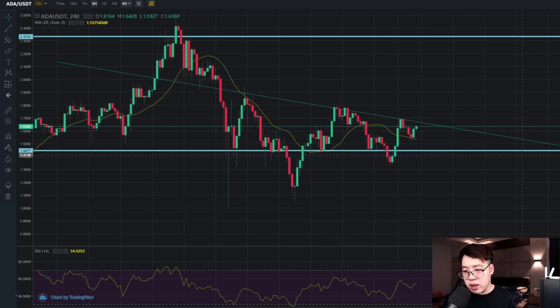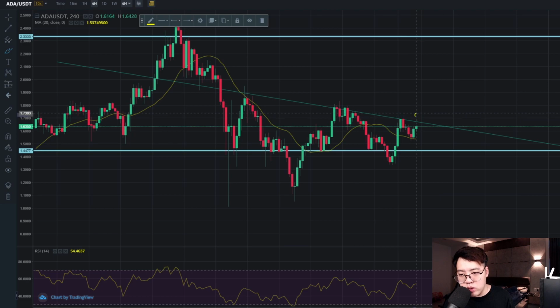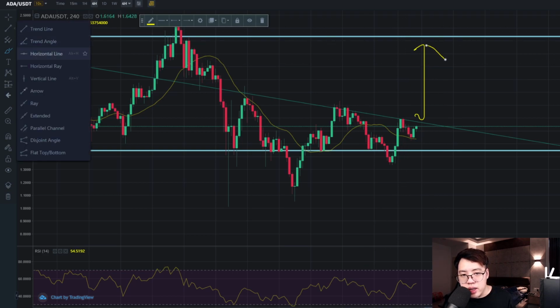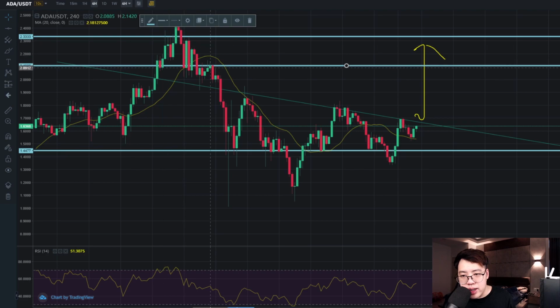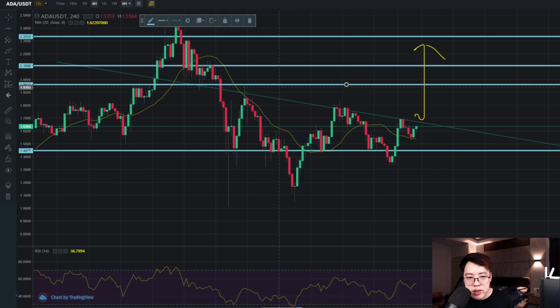If the candlestick closes above, yes, I can straight away enter at the price, because usually when you enter the price, the market will do a reversal and then it will go all the way up here. Of course, where will it go to? This is where your resistance takes place. This is the nearest resistance level right around this area, and also right around this area. 1, 2, 3, 4.